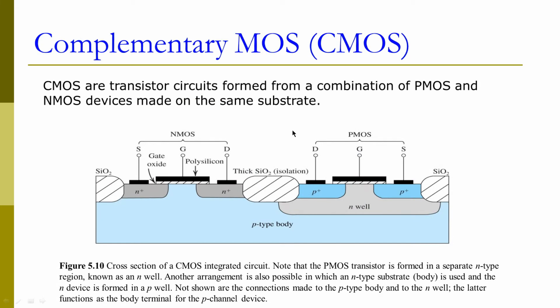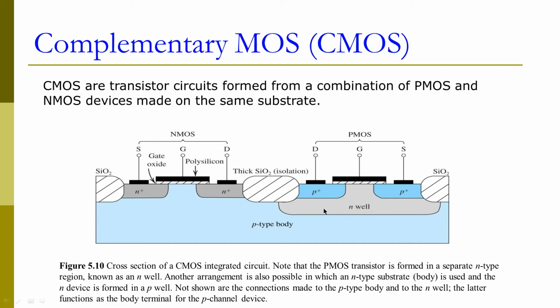Actually, we can make PMOS or NMOS on the same substrate, and here is how we can make it. If we have a lightly doped P-type substrate, we can create another region here that is mildly doped N region.